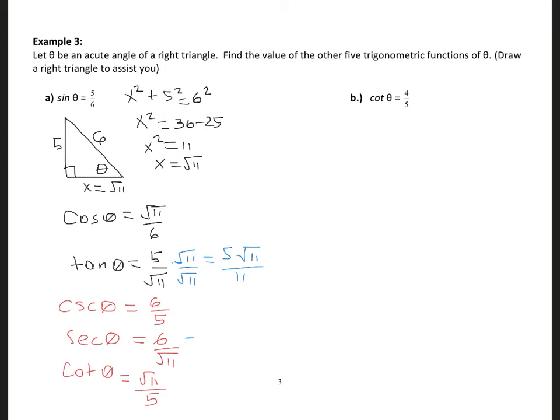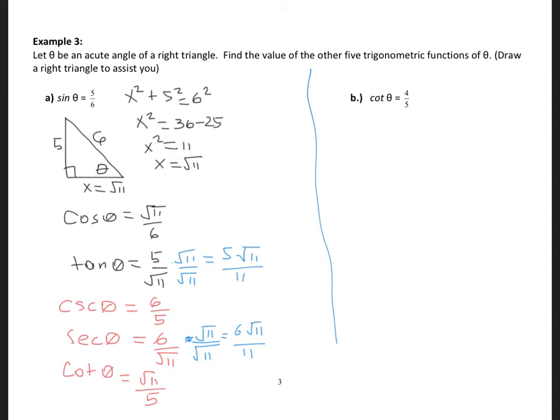And for this one, you multiply by square root of 11 over square root of 11, so you get 6 square root of 11 over 11. So you can leave it in rationalized form, and that's how to do it.